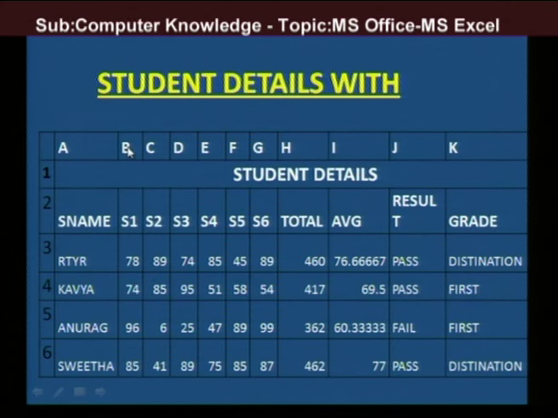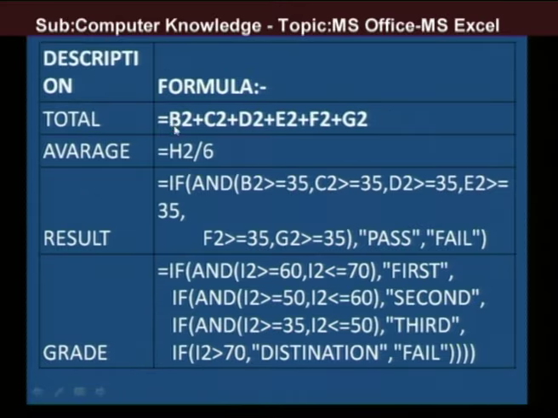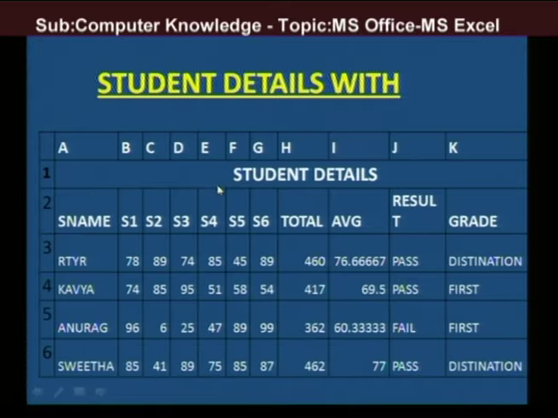Here alphabets are the horizontal columns and numbers are the vertical rows. So, based on horizontal and vertical, we calculate the total of the student subjects. The total of the subjects starts with B2 and ends with G2.